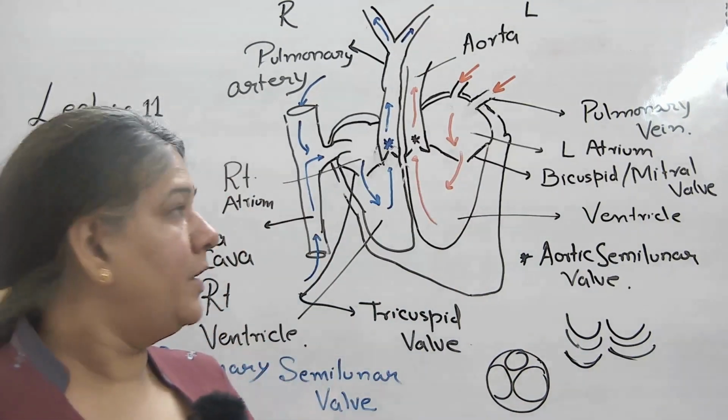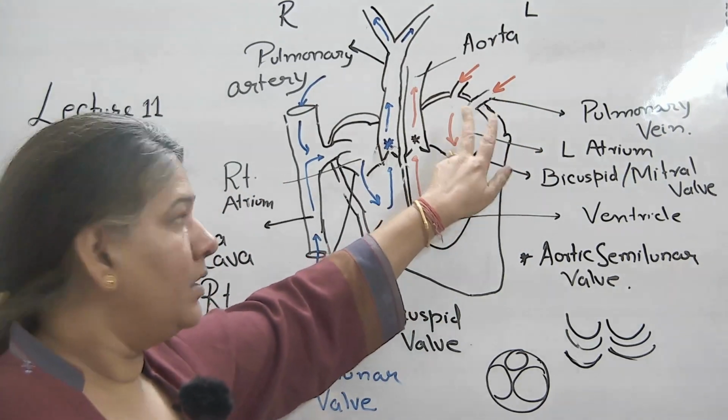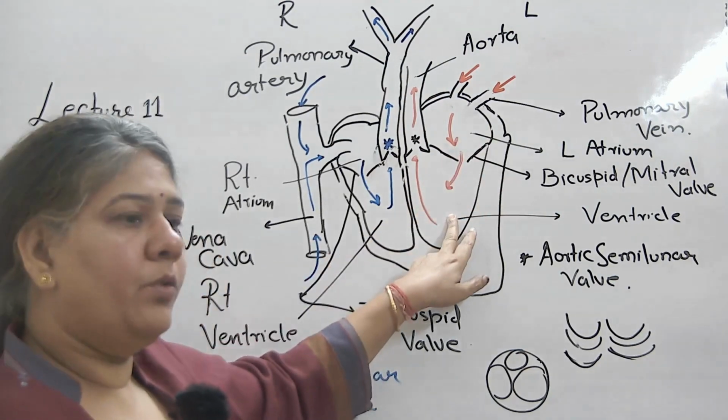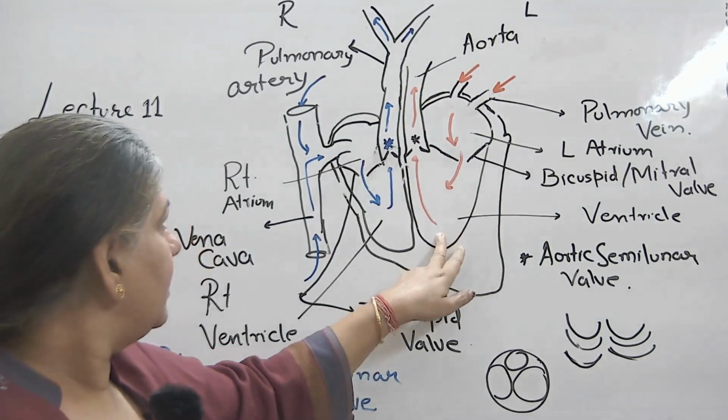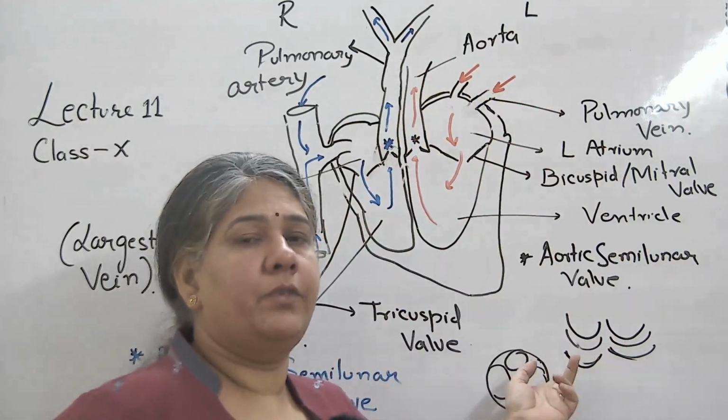The blood enters from the lungs to the left side of the heart. That is, it first enters the left atrium, then into the left ventricle, then it is pumped into the aorta, and then it is carried to all parts of the body.